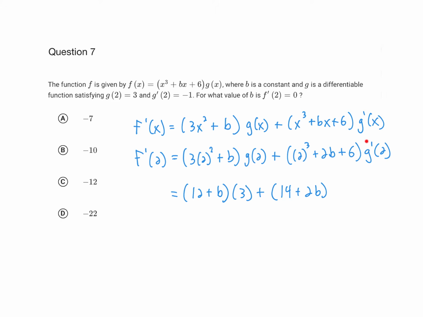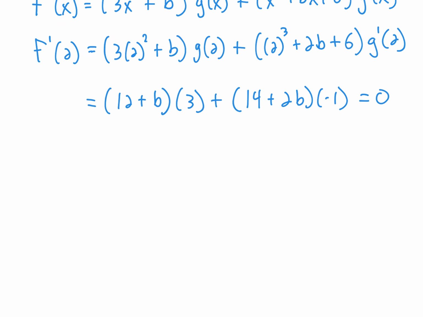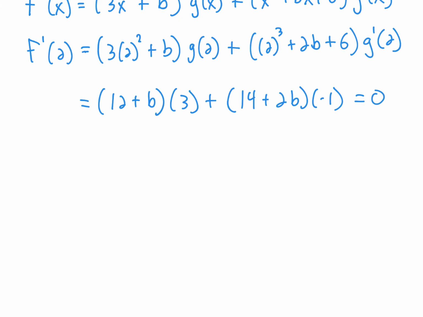Okay, and then g prime of 2 they give us here is negative 1. Okay, that's f prime at 2, and so now we'll set this equal to 0, according to what they ask, and then we'll find the value of b that makes f prime of 2 equal 0. Okay, so we'll start simplifying. So here we'll distribute this 3.